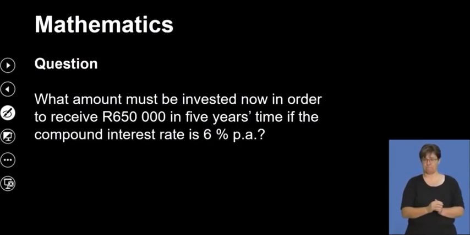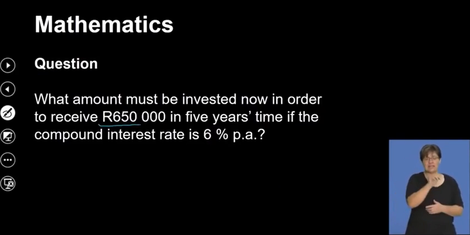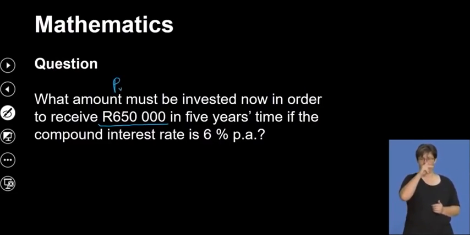Now, what amount must be invested now in order to receive 650,000 in 5 years' time if the compound interest rate is 6% per annum? So what amount must I invest now talks about the P value.